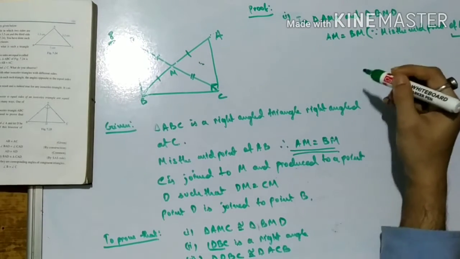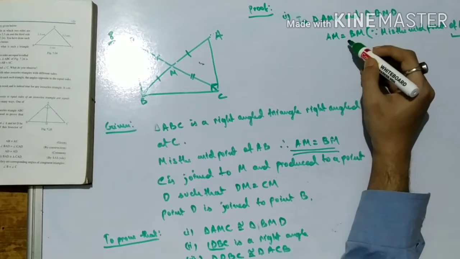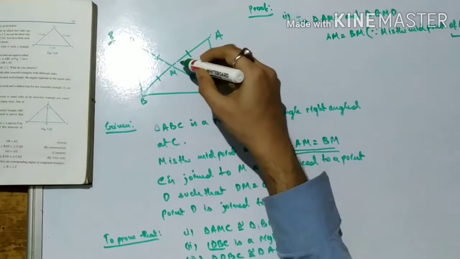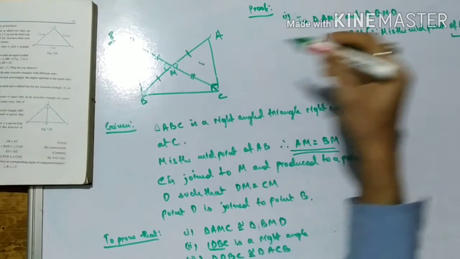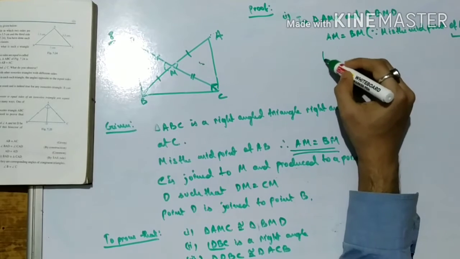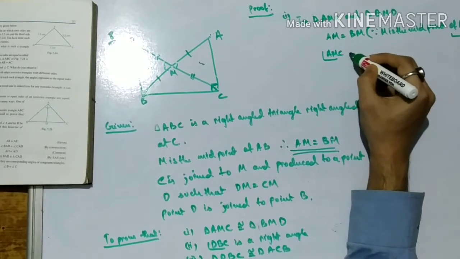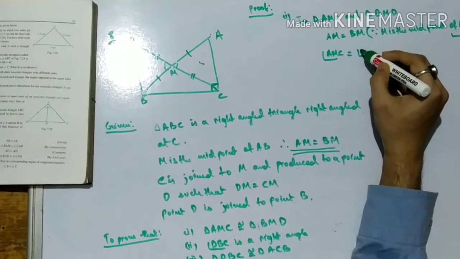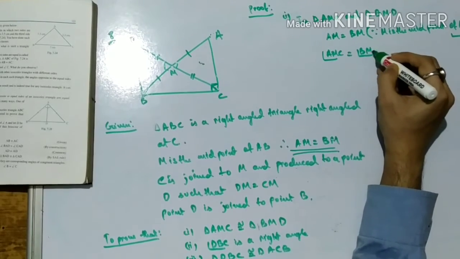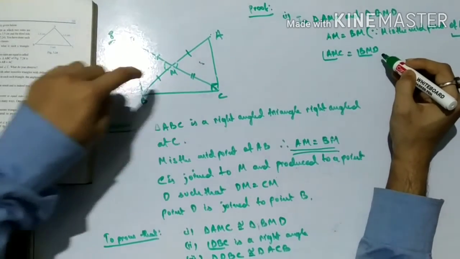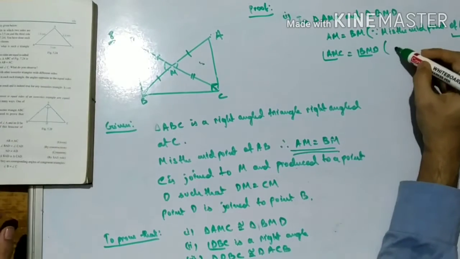Now next one, what I can say is that this angle equals this angle, vertically opposite angles. Angle AMC equals angle BMD. Why?